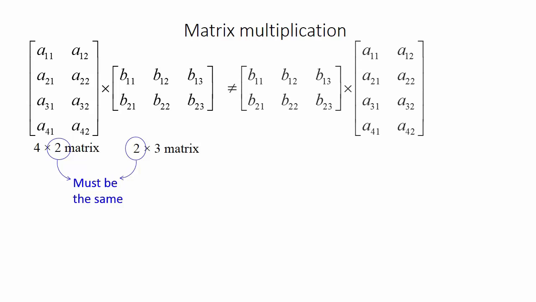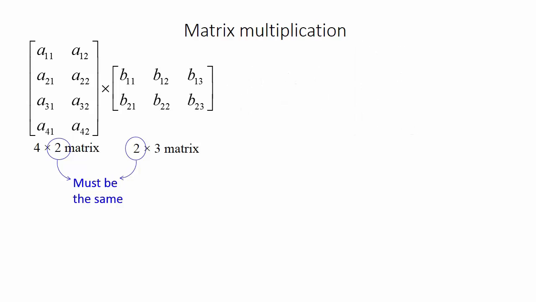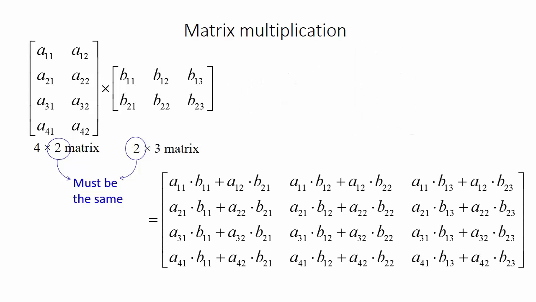However, I cannot perform this matrix multiplication when I switch the two matrices, because in the latter case, the inner dimensions of the two matrices are not the same. And this is the product matrix, and it has an order of 4 by 3, and that corresponds to the two outer dimensions of my two original matrices.